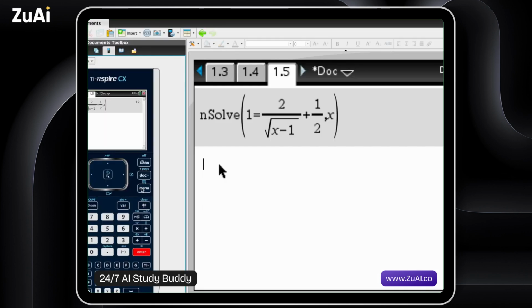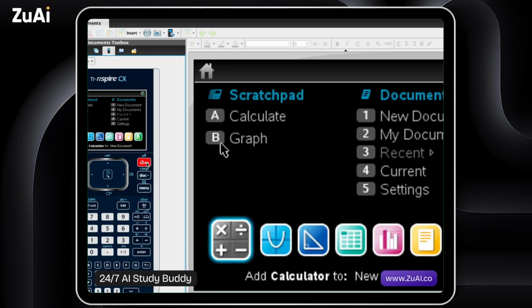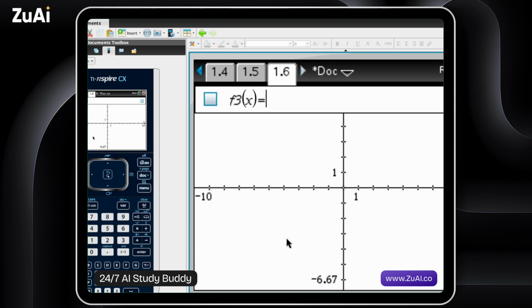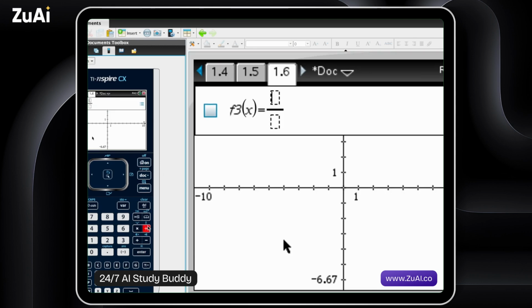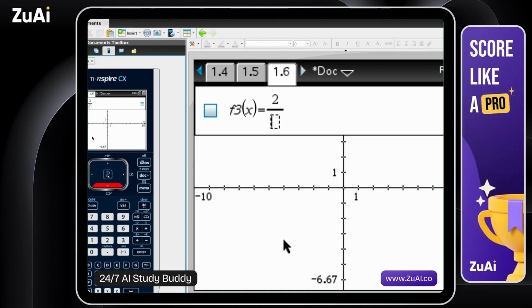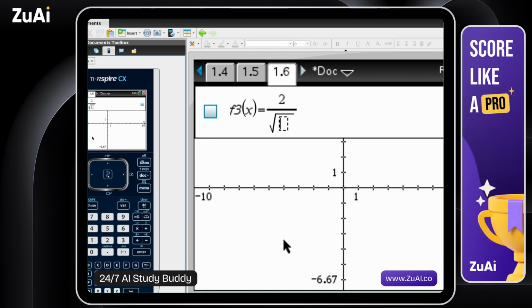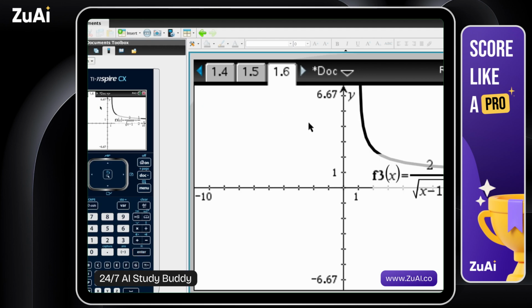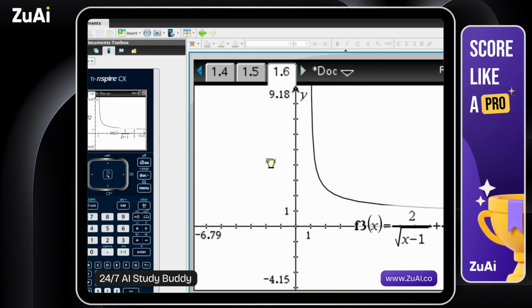Let's go and look at our function. I think that's going to be the easiest way. Alright, so here we go. Let's write out this function. So 2 over the square root of x minus 1 plus 0.5, or let's write it out as 1/2. Okay, the set of outputs.